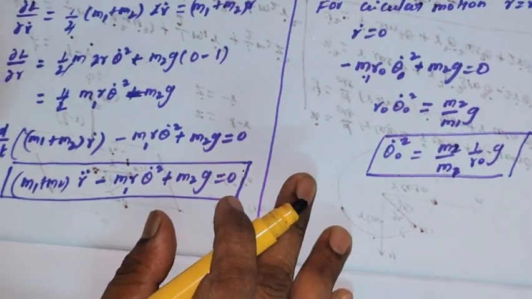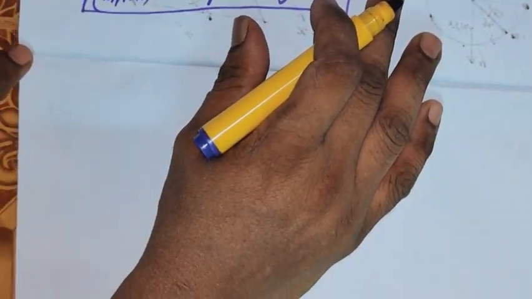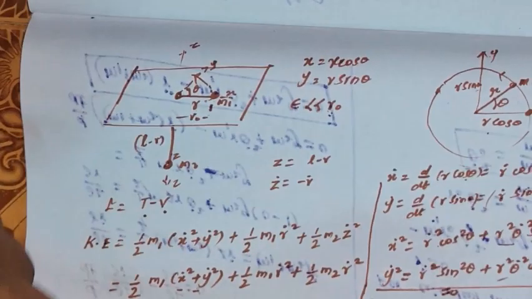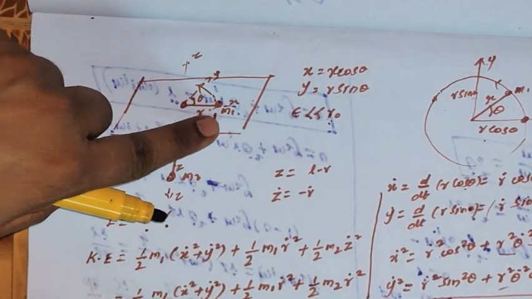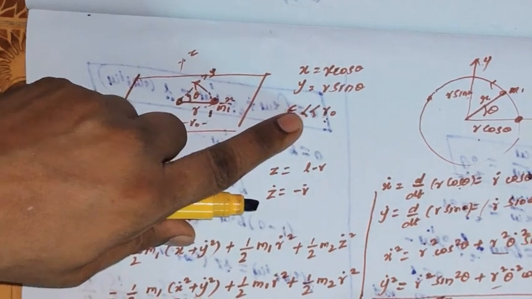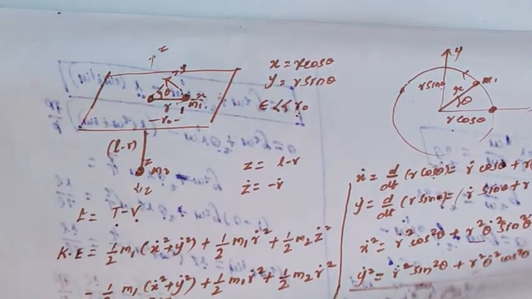Now what we want to do: the angular momentum is constant even if the particle m1 is displaced by a small amount. If you look at the diagram, the particle is displaced along the radial coordinate, and that displacement is epsilon, which is much less than r naught. This is a given condition.